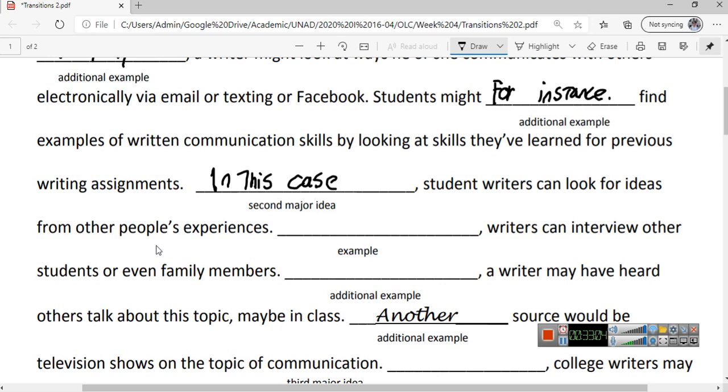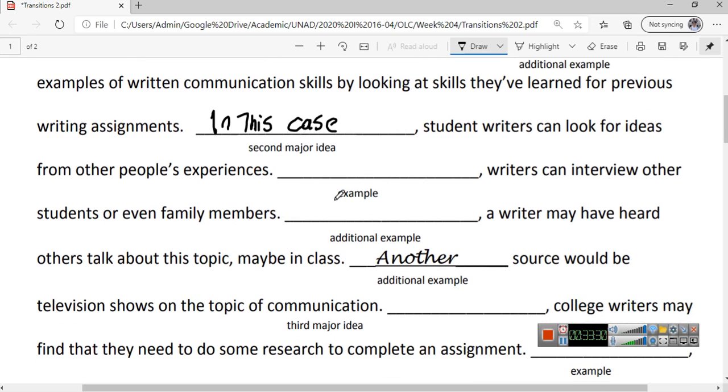You just need to make it sound good, and don't be repetitive with for example. If I use for example, I don't have to use that. I need to say the same thing with some change of wording. Right here, Dainer started with in this case, and it's very good.